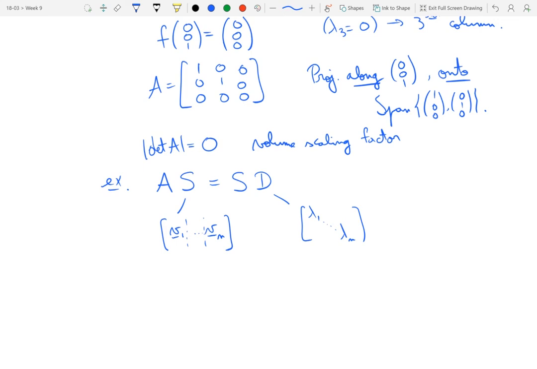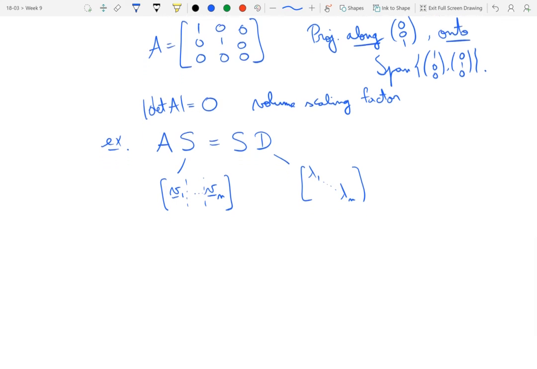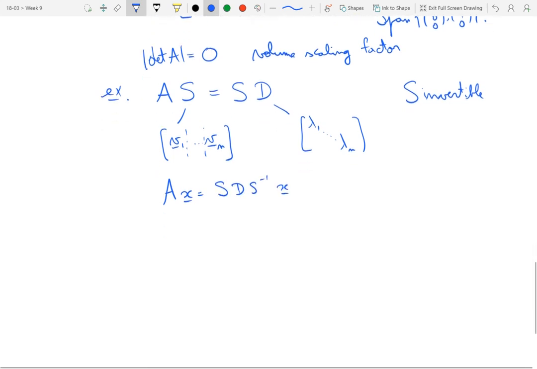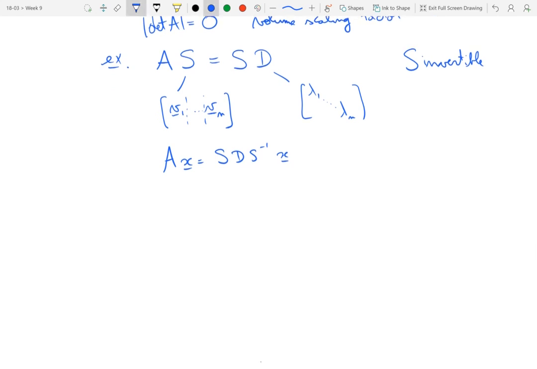And so that corresponds to the decomposition of the matrix A, and that helps us understand it as a linear transformation. If we apply A to a vector X, when S is invertible, when there are enough eigenvectors, then we can write SD S inverse applied to the vector X. This often provides a good way of understanding the linear transformation, because the operation S inverse X is really the way to compute the coefficients of X in the basis of eigenvectors.